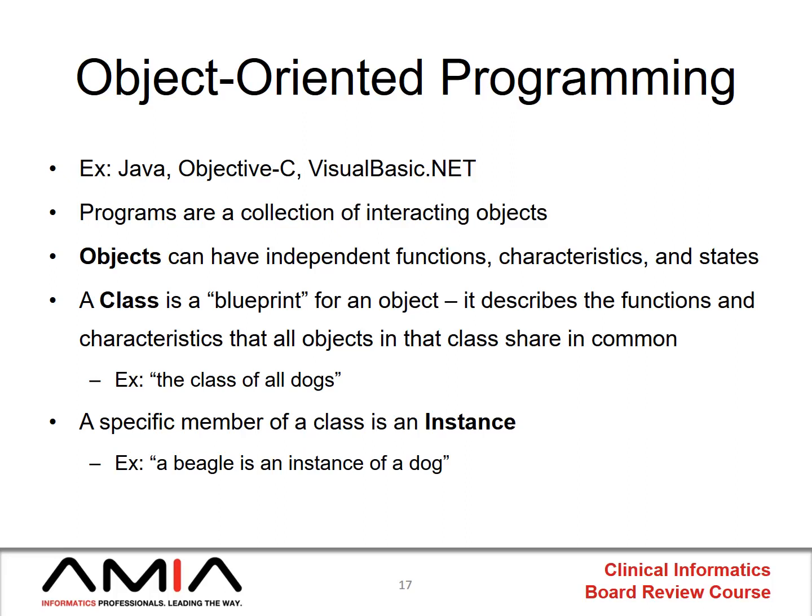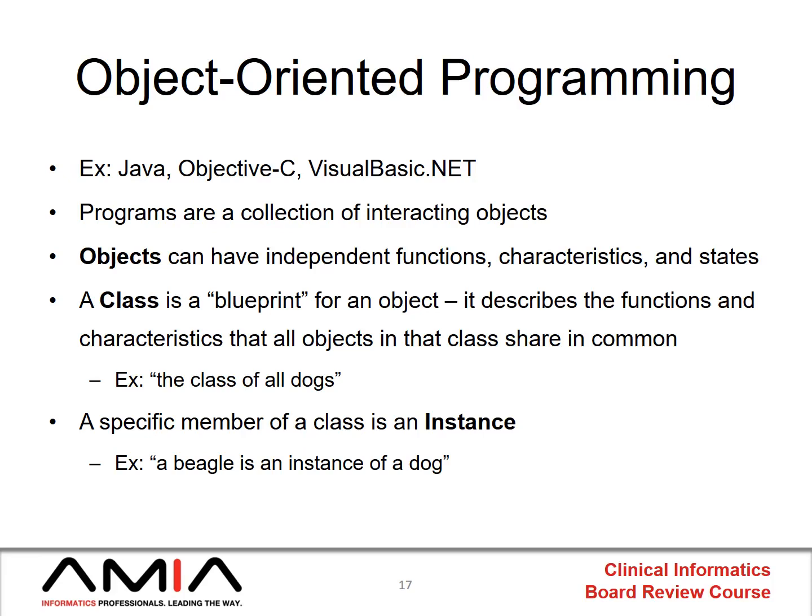In contrast to that, there's a paradigm called object-oriented programming. Examples of these are Java, Objective-C, Visual Basic.NET, and many others. In object-oriented programming, if you haven't encountered these before, it takes a little bit to get your mind around. Programs are basically constructed as a collection of interacting software objects. And you might be thinking, well, what the heck does that mean?